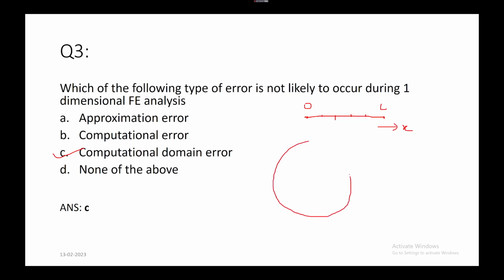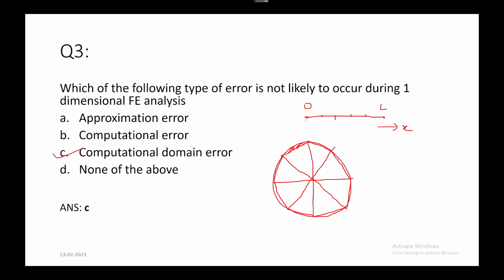Say you have a circle and you are going to discretize the domain, maybe into some eight elements. Each will be some two-dimensional shape. If I connect these, you can see that there is some portion of the domain which is left behind, which is not able to be discretized properly.